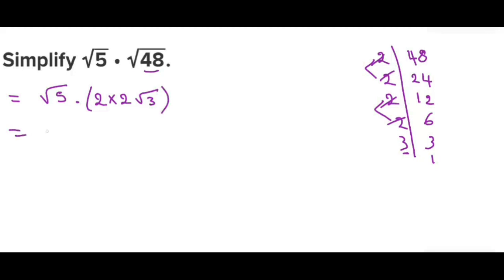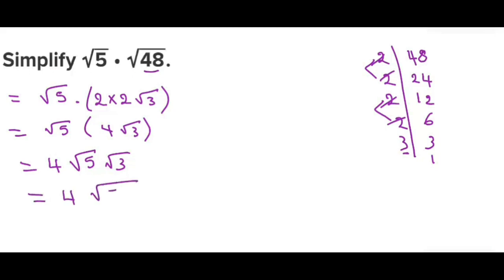So here will be square root 5 times 2 times 2 is 4, 4 square root 3. So this will be 4 square root 5 square root 3. We know that square root 5 times square root 3 is equal to square root 5 times 3. That is, the final answer will be 4 times square root 15.